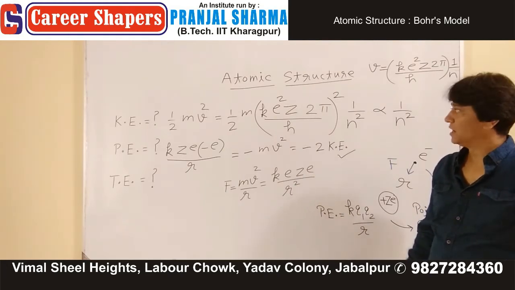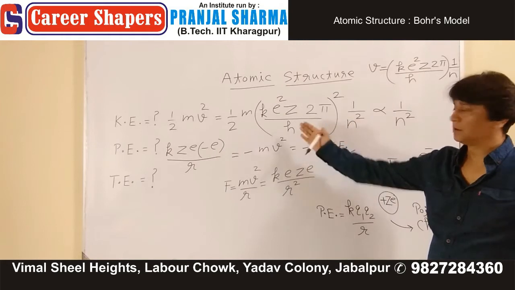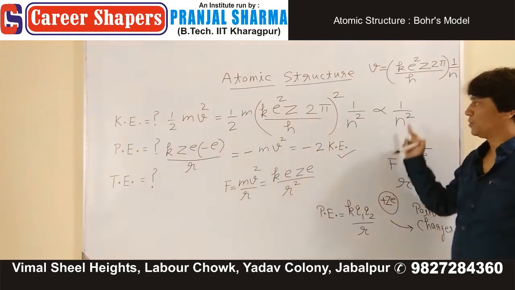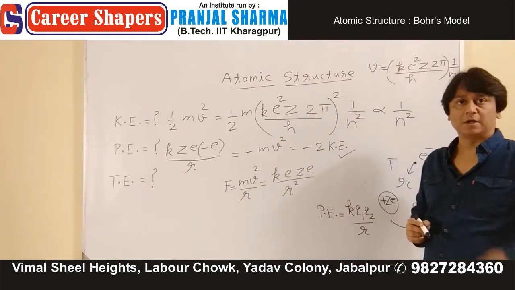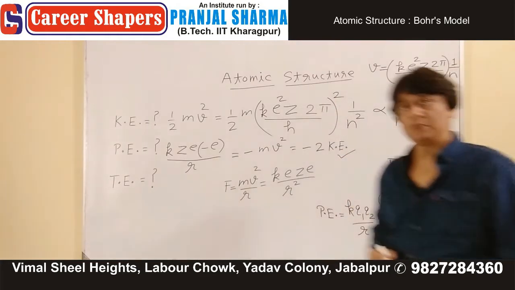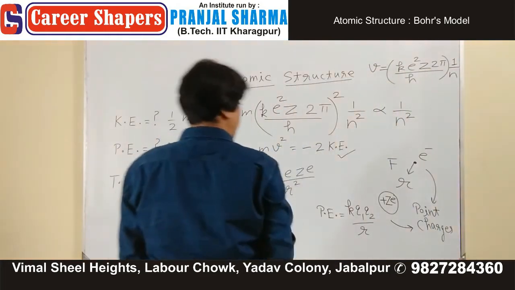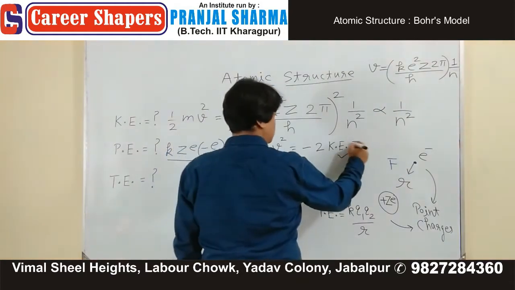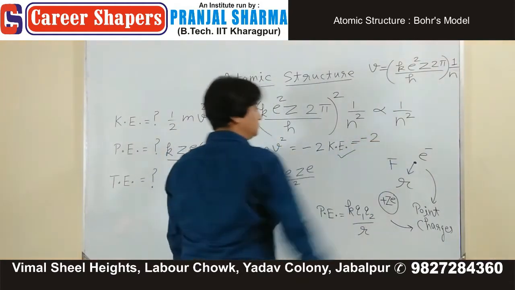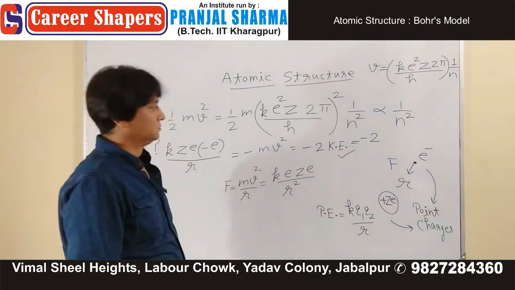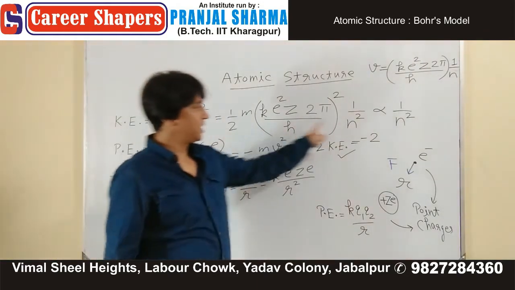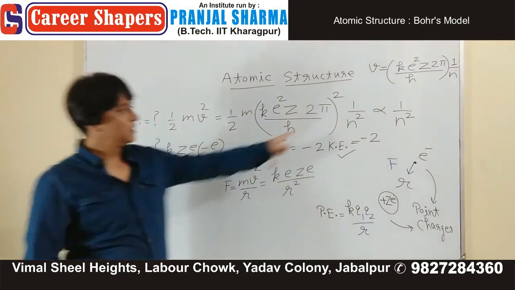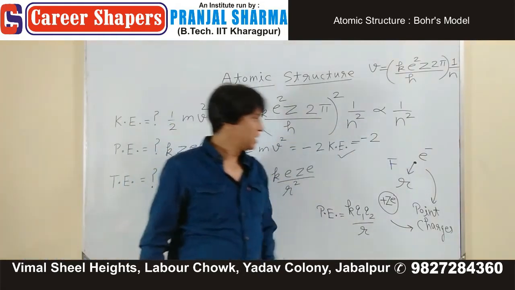What is kinetic energy? This is kinetic energy, which is proportional to what? 1 upon n square. This is minus 2. Your proportionality part is still coming the same. There is no change in the proportionality. Well, let's save time since we have already proved that K is inversely proportional to n square.